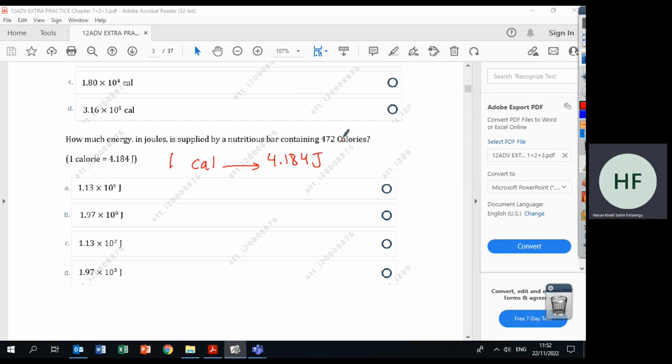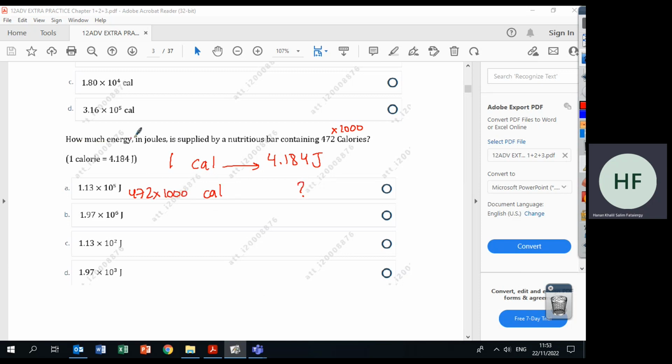If you remember previously, we said the capital calorie is a thousand times the small calorie. So whenever you want to change the capital calorie into small calorie, it's same like kilo, so you multiply by 1000. Now this is 472 times 1000 calories. Do we write the calorie under calorie or under joule? Of course, calorie, we should write it under calorie. So this one is 472 times 1000 calories.